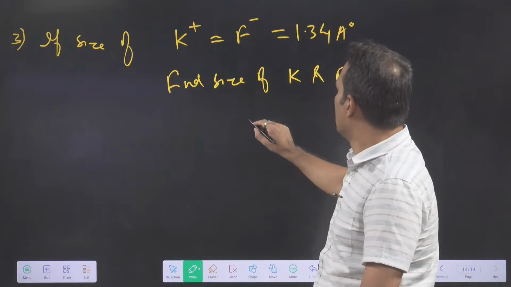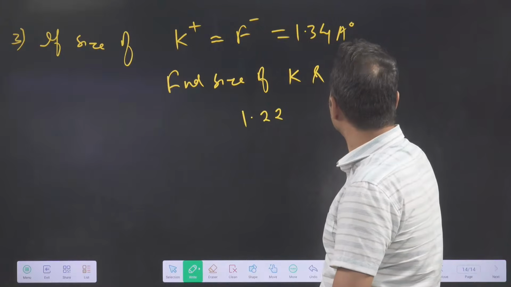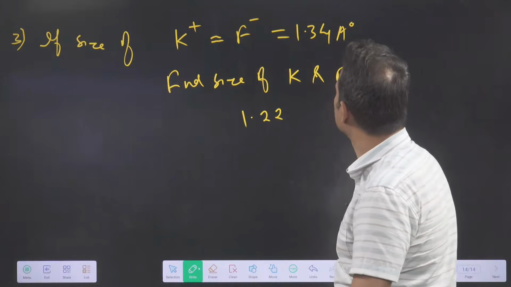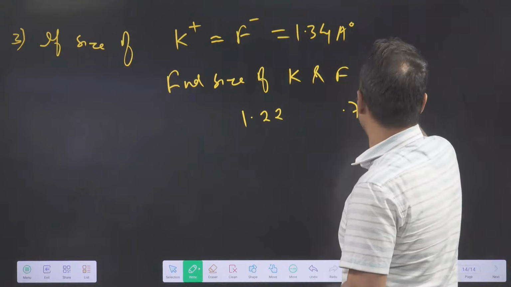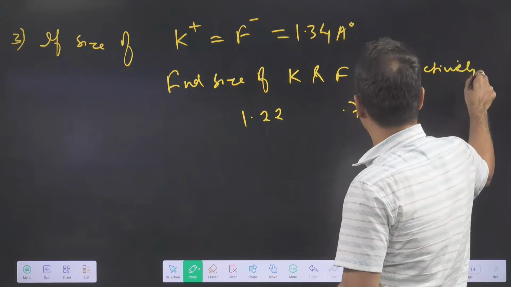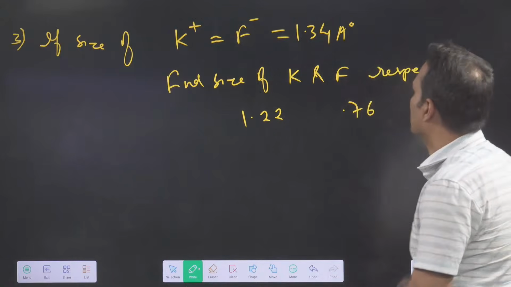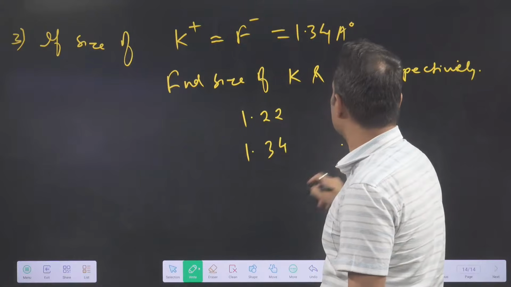Chalo, I am giving you values 1.22, 0.76. रेस्पेक्टिवली भी लिख लो. Other value I am giving you 1.34, 0.76.